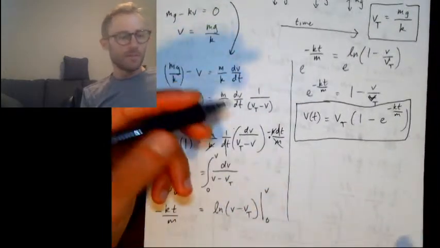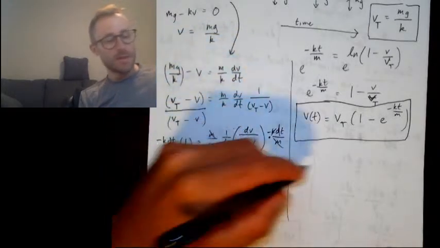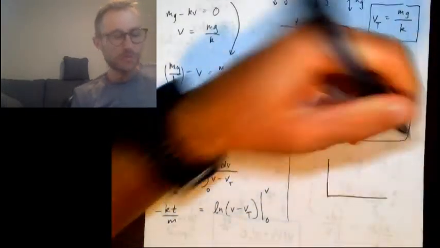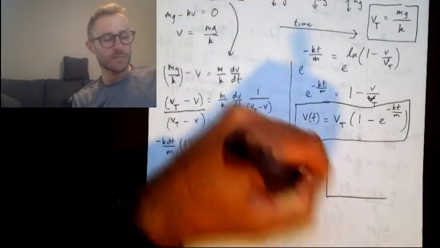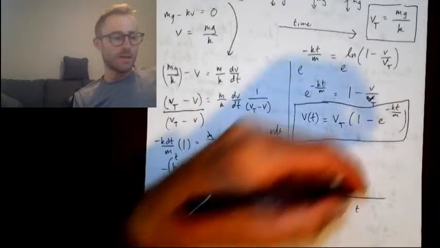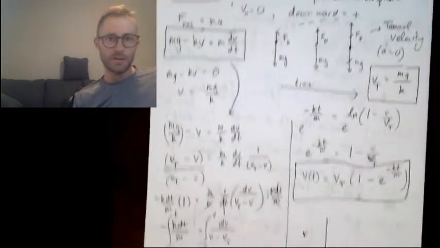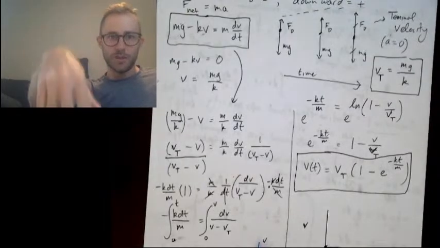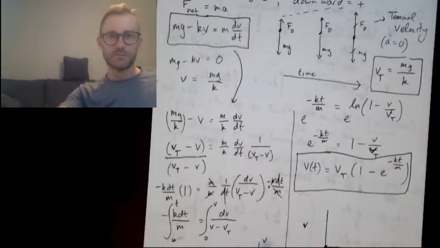So what if we were to graph this? If we were to graph the velocity as a function of time, the velocity starts at 0, because that was just the way that we designed the problem. So it's something that jumped out of an airplane, or jumped out of a hot air balloon, something that started at rest.